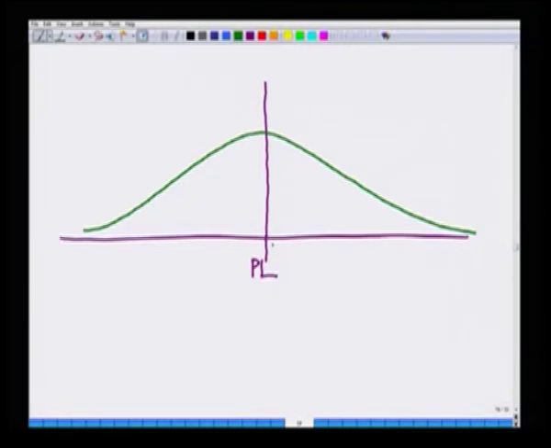So, this is the median path loss, and then there is a deviation about this with a spread. This is the spread, which is nothing but sigma. Hence, for instance, the path loss can take any values in the range. If you ask what is the probability that the path loss lies here, that is given by the probability that the path loss lies in this small region.